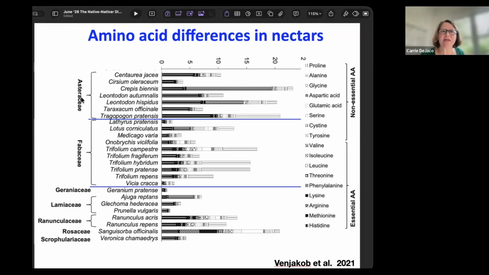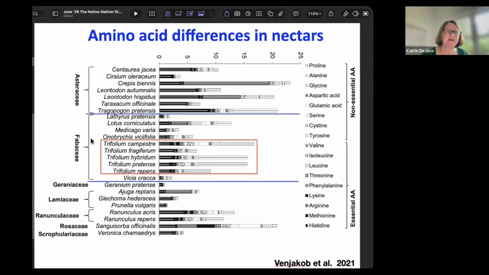We know now that the nectar of different plants is providing our pollinators with different levels and different kinds of amino acids. So we can expect that different species have different needs, and the preferences that they have for different plants reflects those needs. Zooming in here, this is in the pea family, Fabaceae.